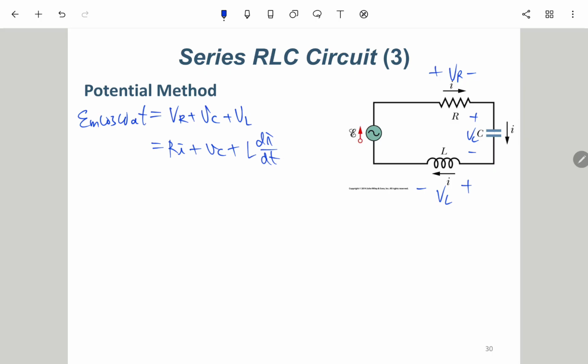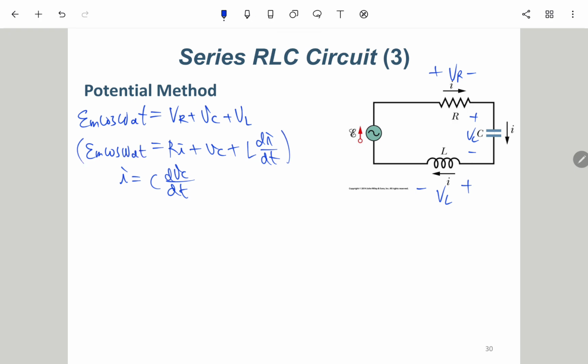Okay, so here we also have I equals C dVC/dt. So this is what we have here. Actually, I try to copy it down.